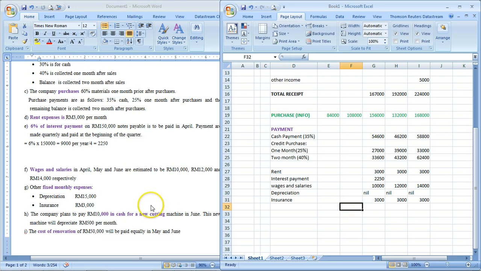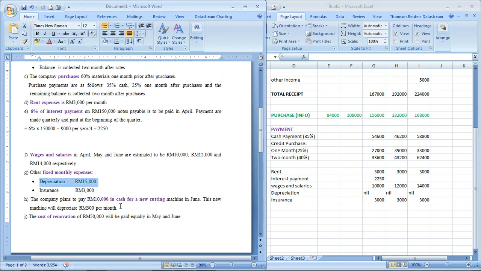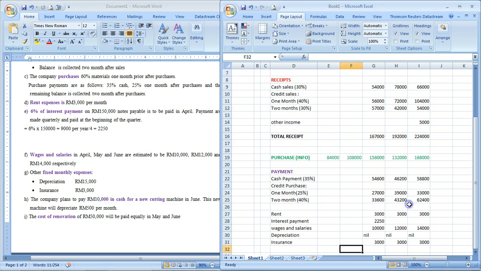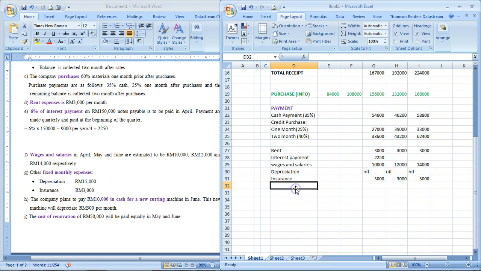Next, the company pays 10,000 in cash for a new cutting machine in June. This will depreciate 500 per month. So for this direct question, pay 10,000 in cash for a new cutting machine in June. You go to June and write machine cost, then it is 10,000.